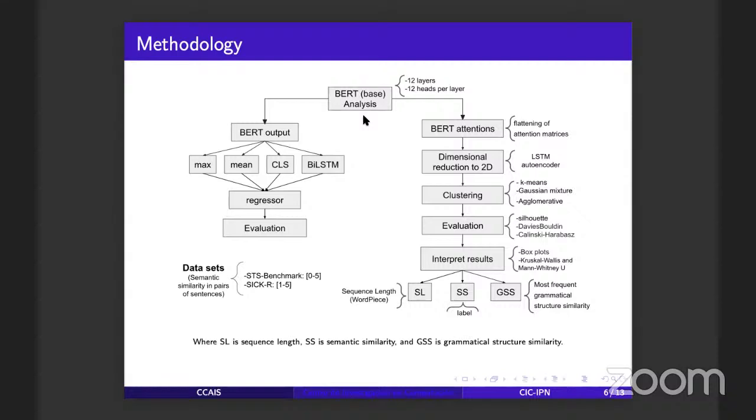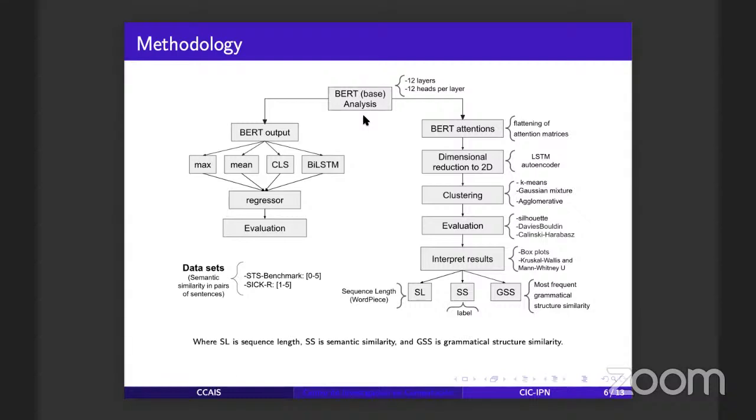From the bare output, you can get the CCAIS token. This representation is the input for a regressor. That is my fine-tuning. And this, you can see my proposal methods: max pooling, min pooling, and bidirectional LSTM network.